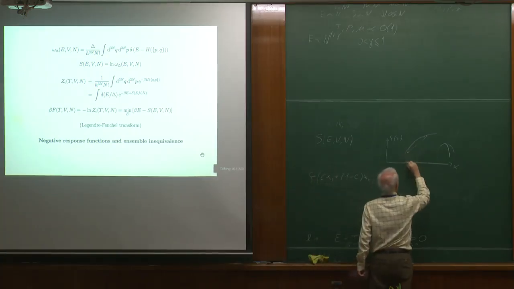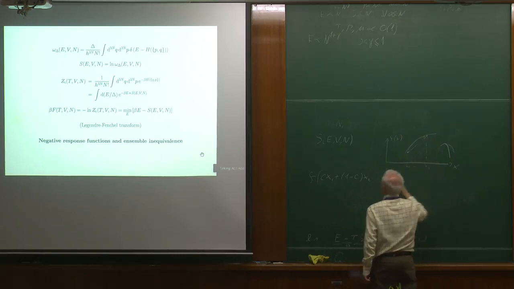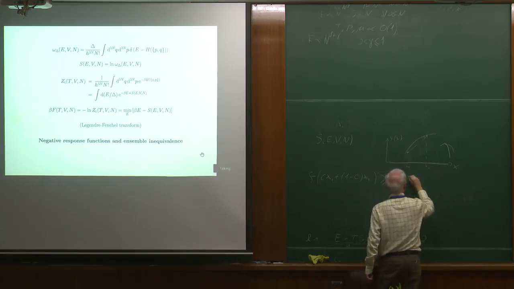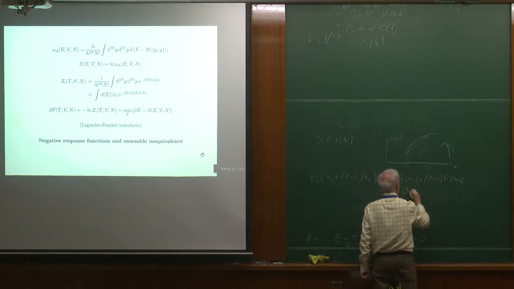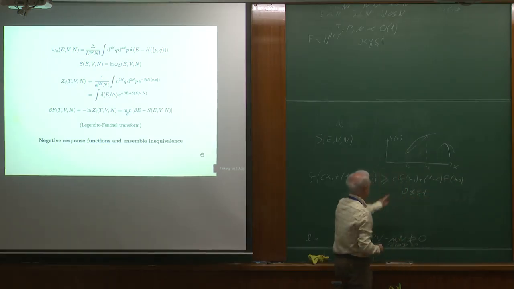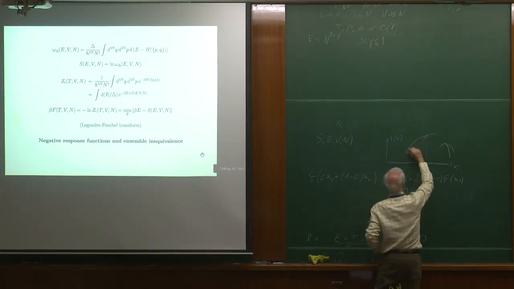This is x1, and this is x2, where chi is a number that varies between 0 and 1. So if you vary chi between 0 and 1, this gives you this straight line, and this gives you the function itself here.